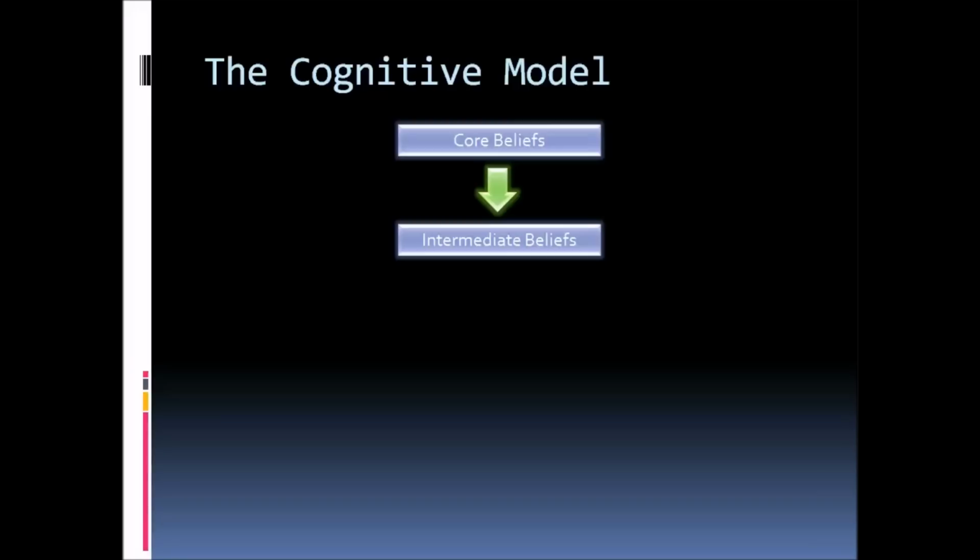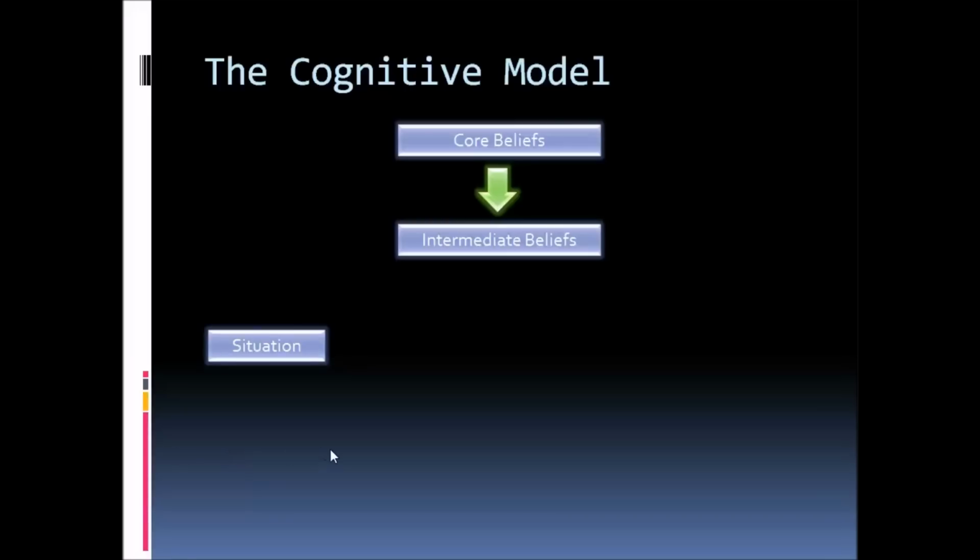Beck has them separated. So core beliefs, again, more at the core. Intermediate beliefs move a little bit more toward the surface. They are deeply held beliefs, they're often unarticulated, and we believe that in combination with situations, they create automatic thoughts.